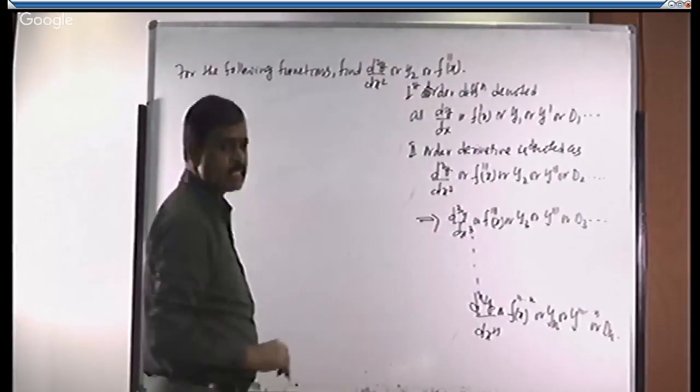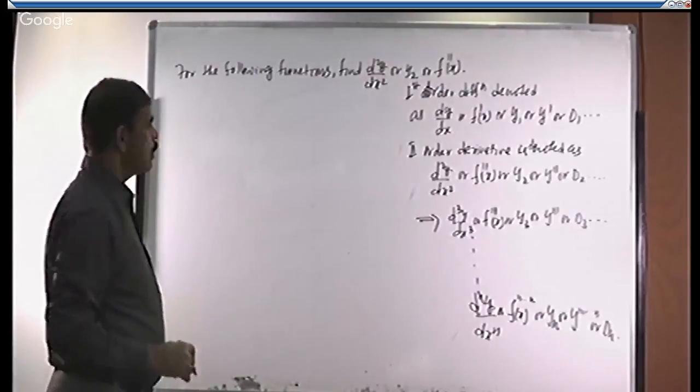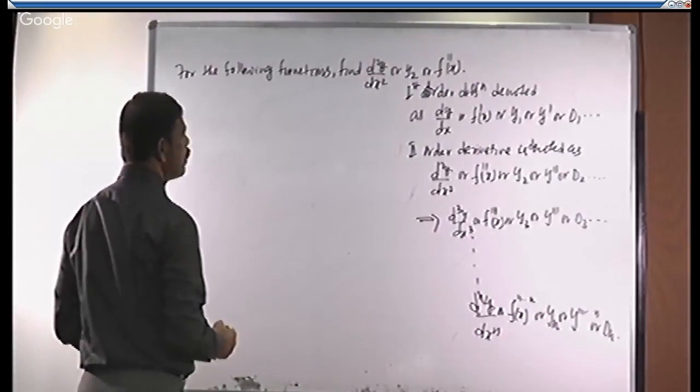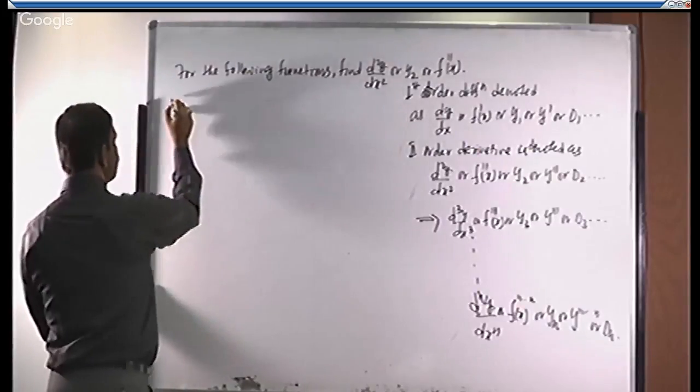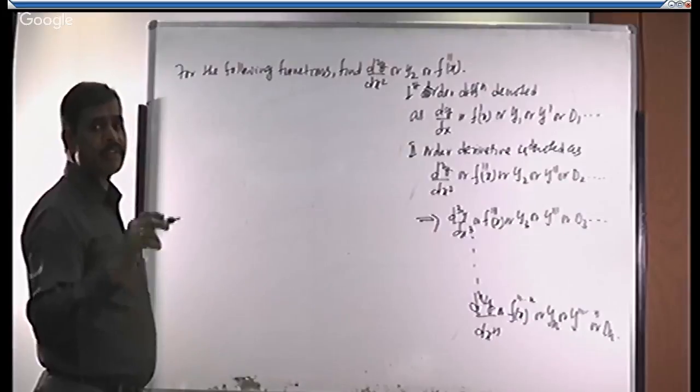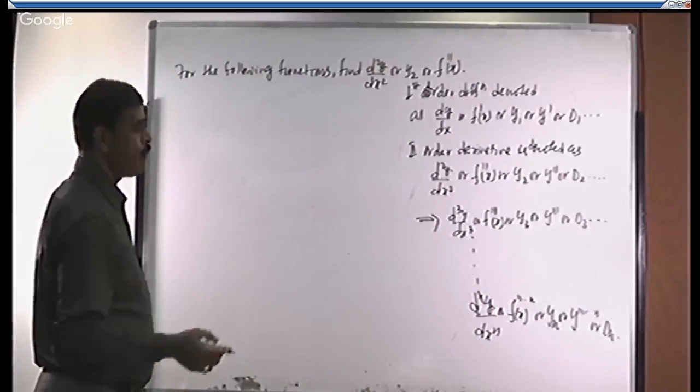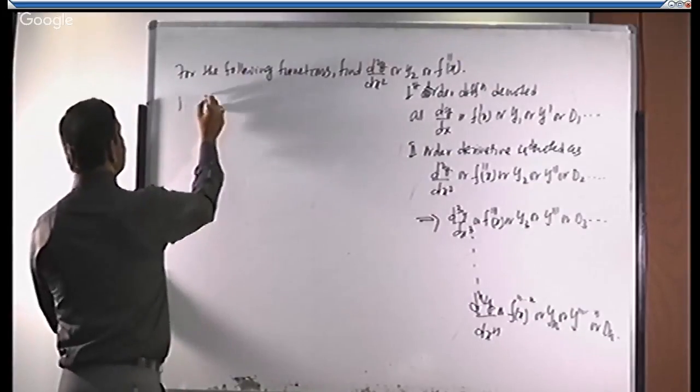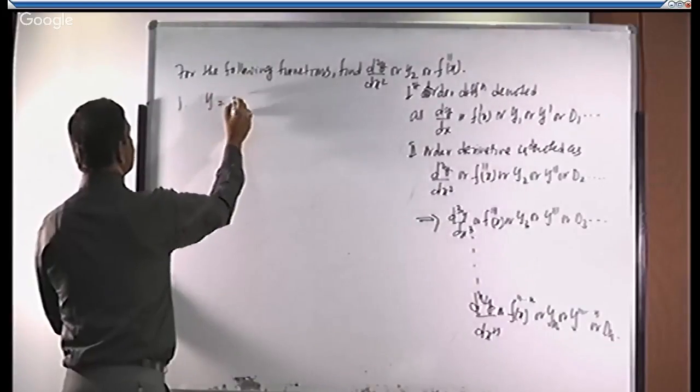They are all the same symbols used to get the second order differentiation. And sometimes they will ask you in wordings only, find the second order derivative of y is equal to sin x.